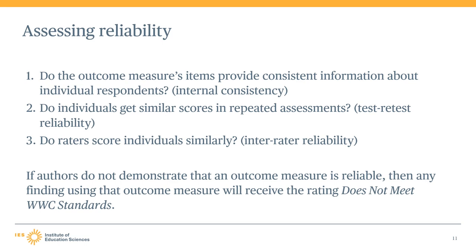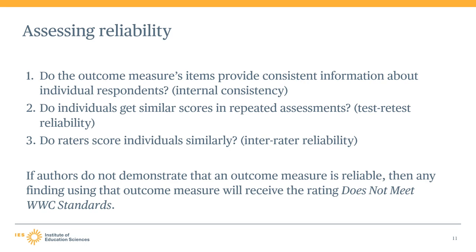For an outcome to have high internal consistency, the items in the measure must focus narrowly on a set of key concepts. For example, a measure that includes items that assess both reading and math skills is unlikely to have high internal consistency because some students will score high on the math items but low on the reading items, or vice versa.